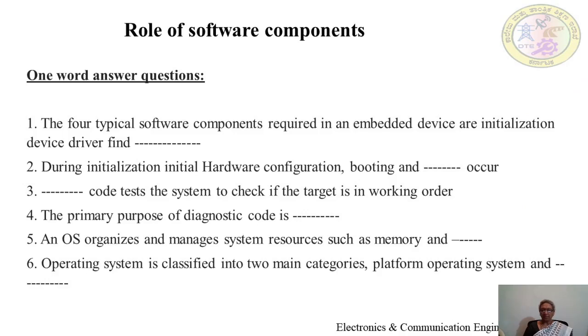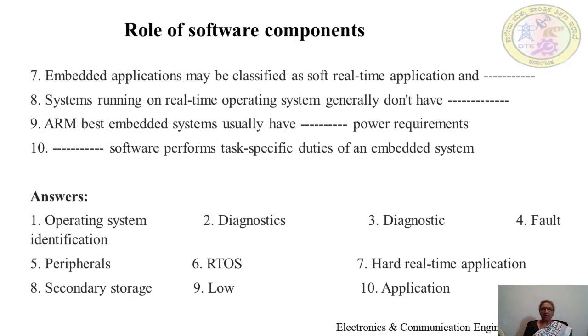Operating systems are classified into two main categories: platform operating system, and RTOS or real-time operating system. Embedded applications may be classified as soft real-time applications and hard real-time applications. Systems running on real-time operating system generally do not have secondary storage.